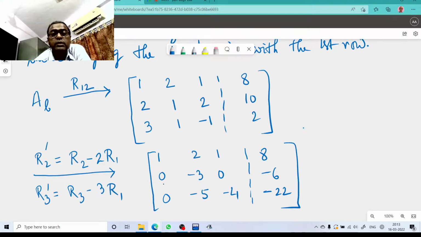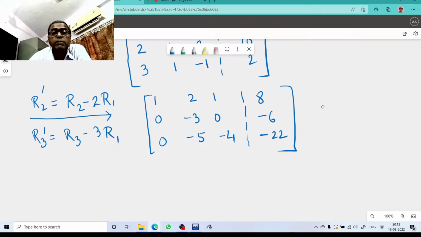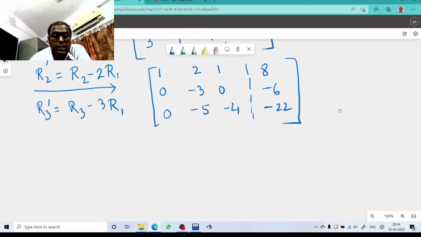So here the 2, 1 position and 3, 1 position become 0, and the 1, 1 position is 1. Actually we want this matrix in row reduced echelon form. Next we want the 2, 2 position to be 1.